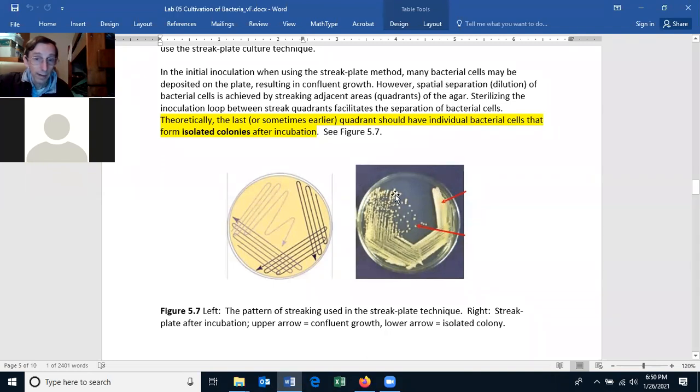And the point is, someplace along your streaking, you'll reduce the cells that you're putting down to low enough numbers that they will form isolated colonies, as what happened here in the 4th quadrant. But it doesn't have to be in the 4th quadrant, it could be in the 3rd quadrant, where we were starting to get isolated colonies, or maybe even one of the earlier quadrants. Doesn't matter when it happens, you just want to get isolated colonies.